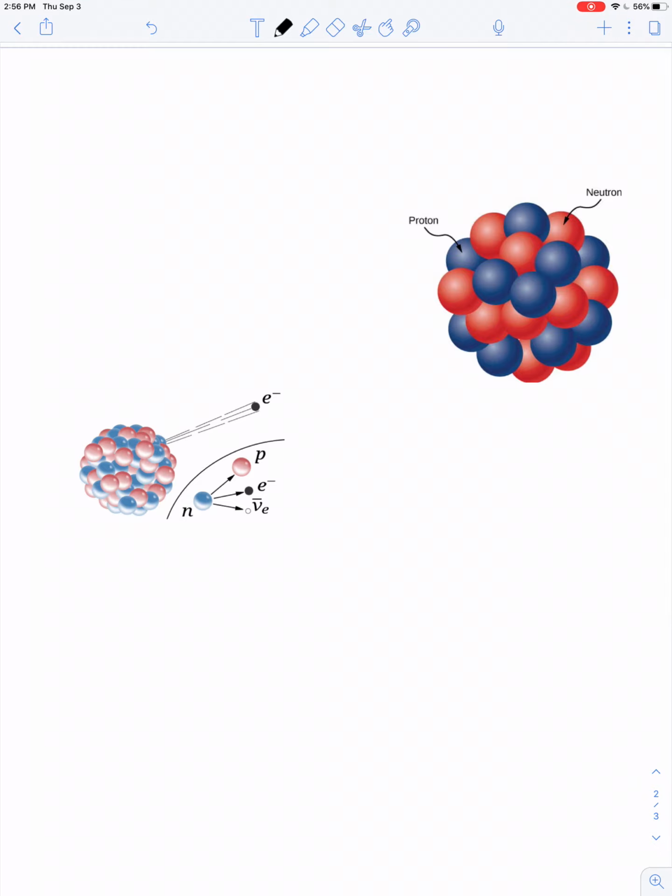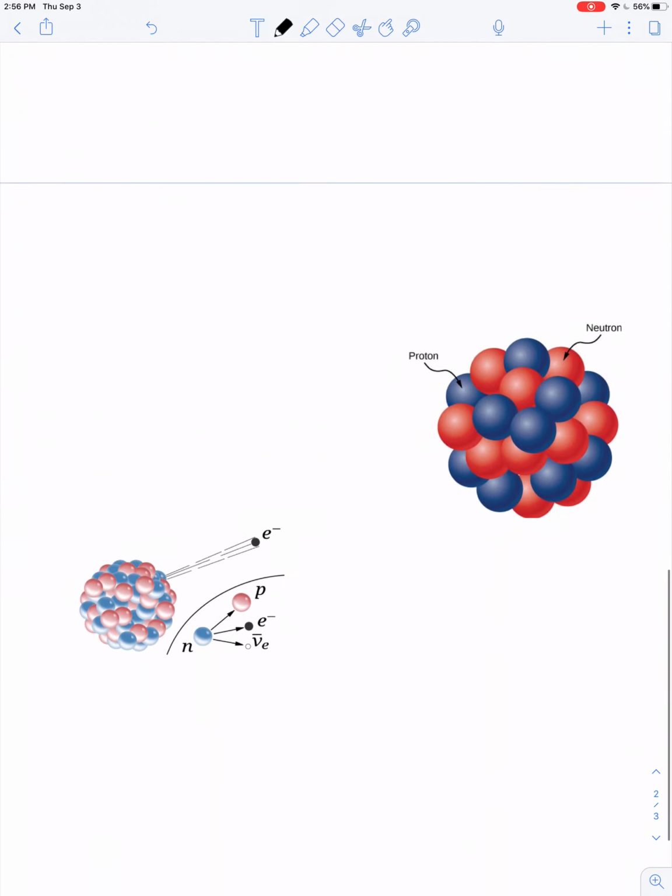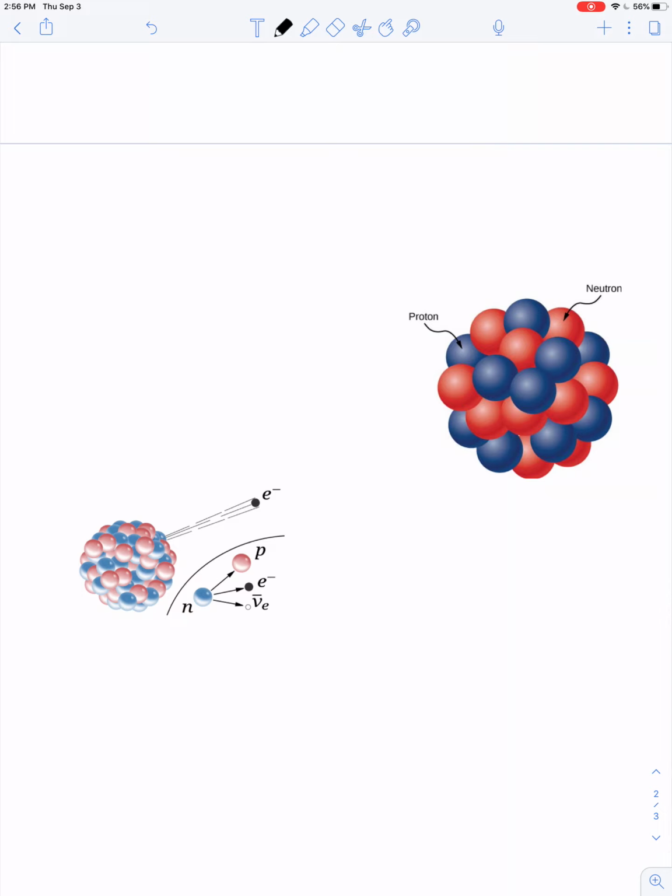Now let's go back to electromagnetism. What we know about charges at rest is like charges would repel. So all these protons here in blue have positive charge. And these 2 protons, based on the electrostatic repulsion, should repel each other. However, a nucleus exists without flying apart.